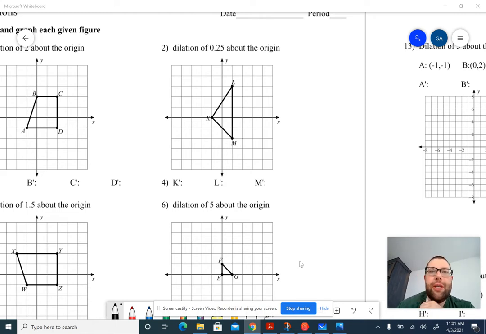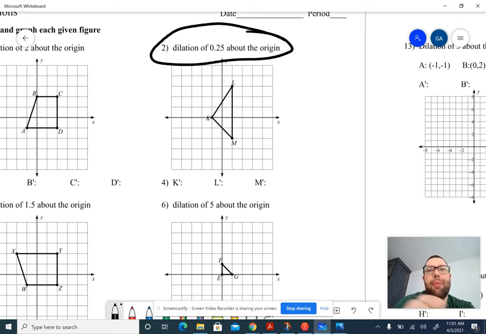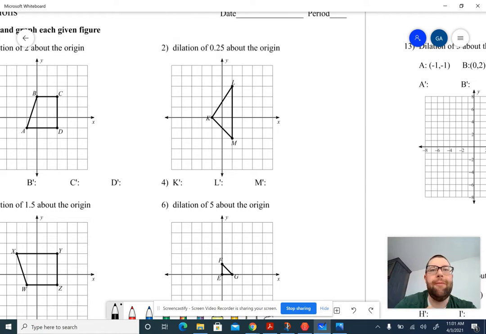Okay, so it's going to give us some kind of number to dilate by. So on number 2 here, we can see we're going to dilate by 0.25. So basically what it wants me to do is multiply everything in the shape by 0.25 or 1/4.